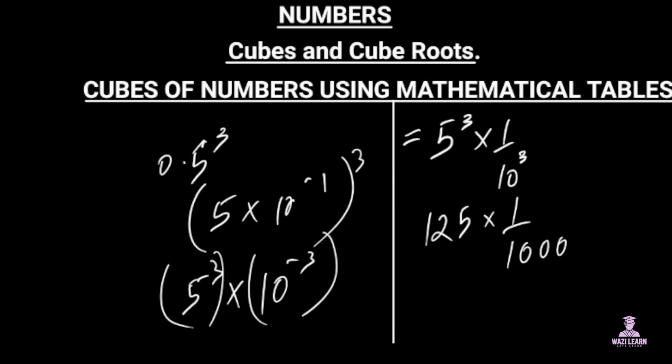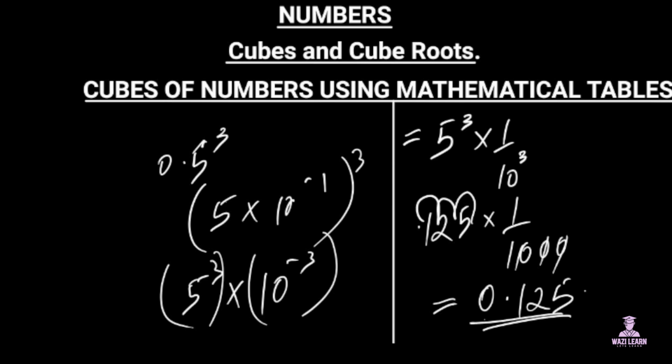So this will move the decimal point forward 3 steps, and we get the answer 0.125. Just 1, 2, 3, so our decimal point is there. So the cube of 0.5 is 0.125.